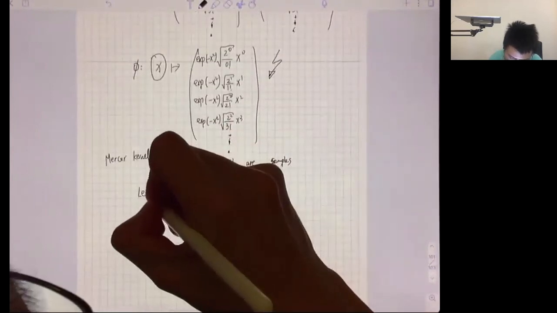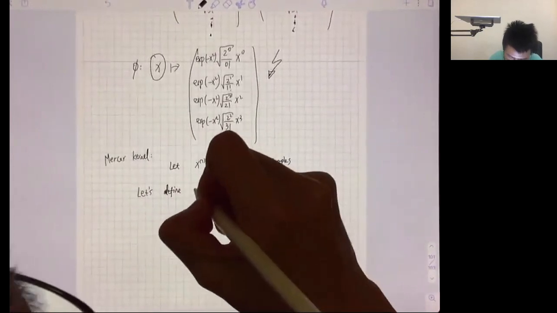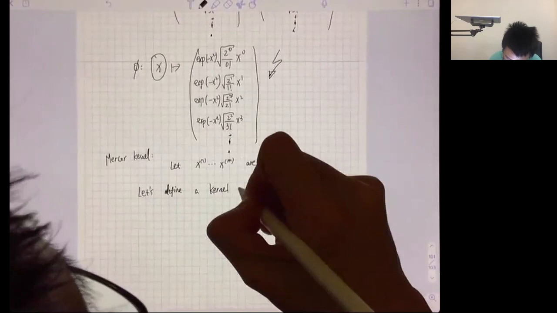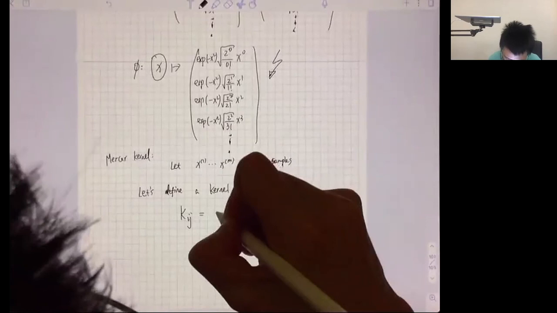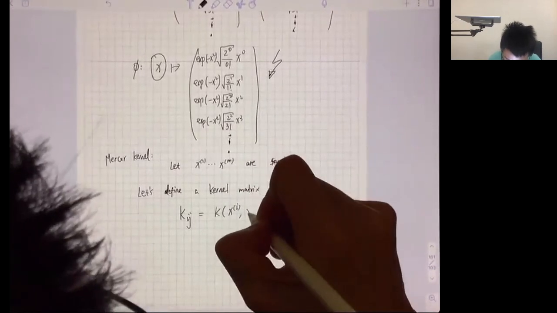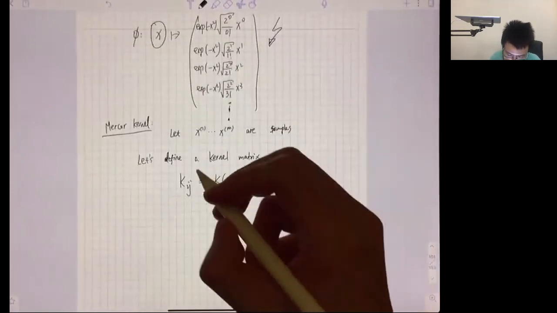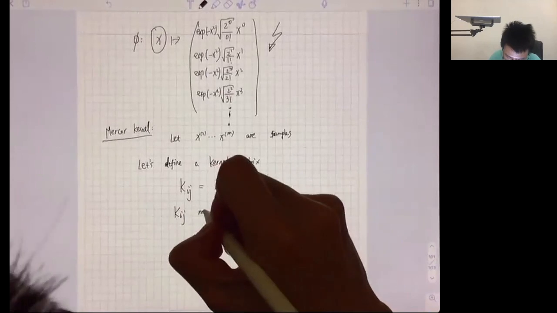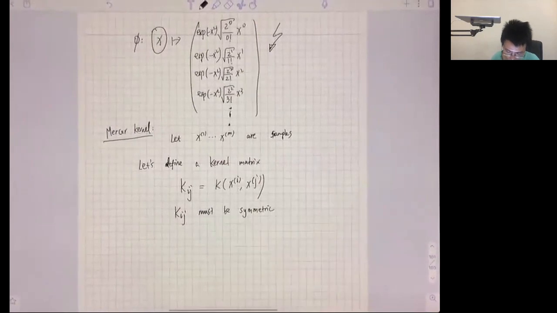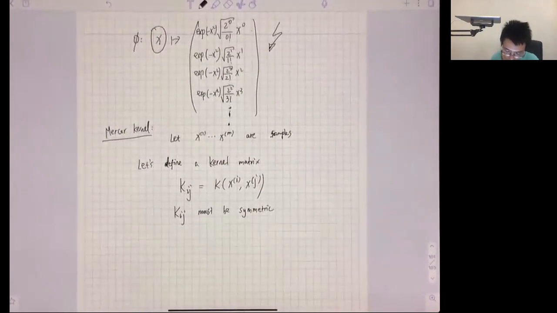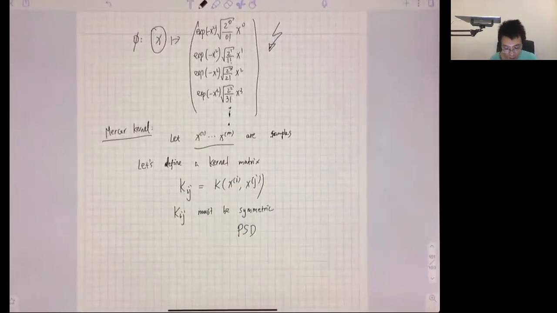Then let's define a kernel matrix, Kij, to be the kernel of xi, xj. And the Mercer's condition says Kij must be symmetric first, and it must also be positive semi-definite, for any finite samples.